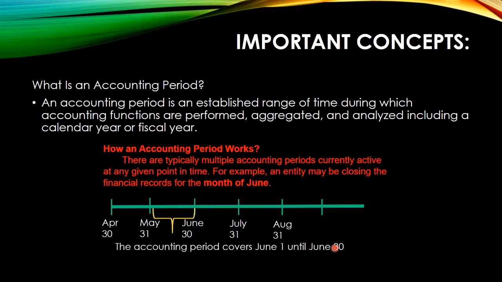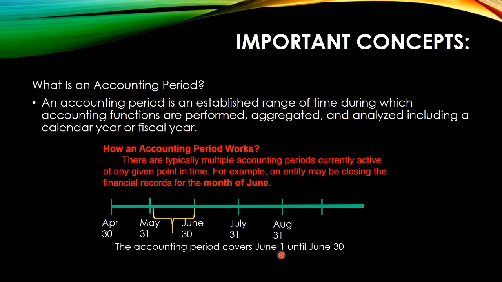Okay? So don't forget this one. This is a very important concept before we go on to the adjusting entries. Because we always make sure that whatever we record as income and expenses belongs to this accounting period.